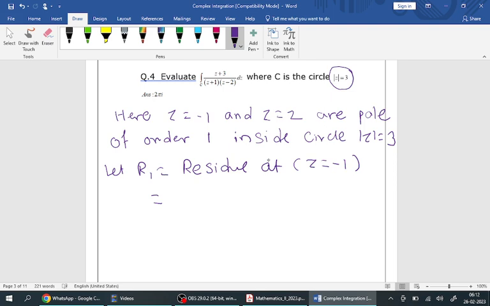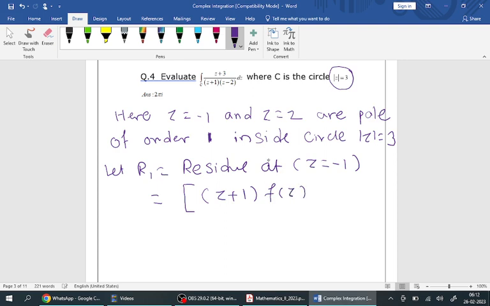Now see, n is 1, the order is 1 there. So 1 upon 0 factorial, and 0 factorial is 1. The (n minus 1)th derivative means the 0th derivative, so nothing is left. We just take this (z plus 1) into f(z).